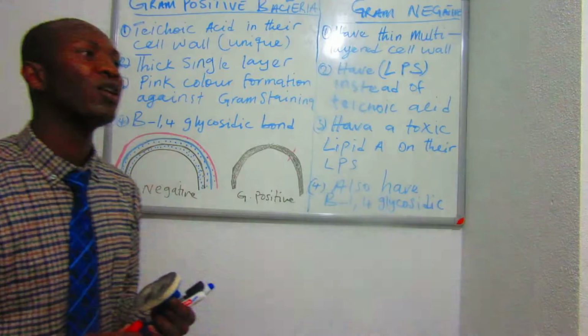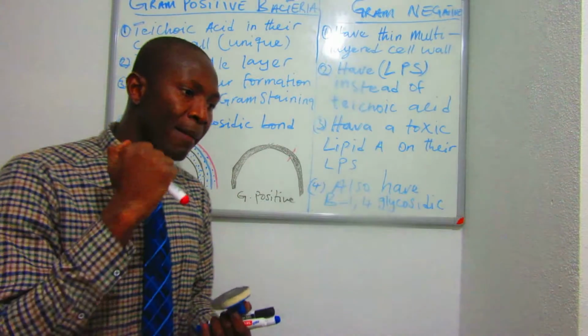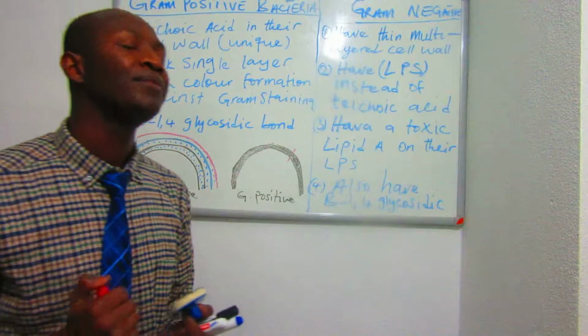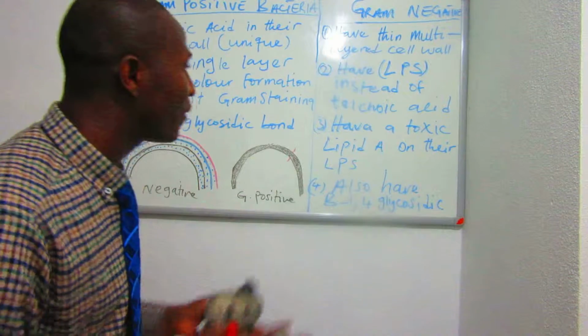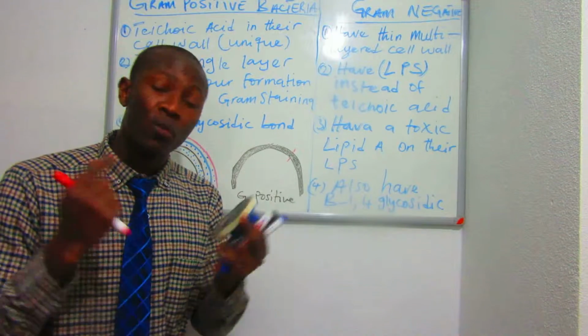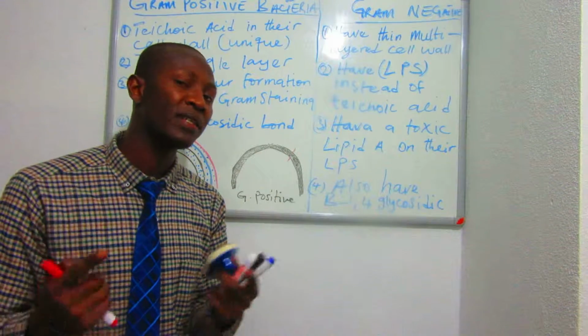However, when we go back to the gram-negative bacteria, because they have different cell wall layers, one of the cell wall layers is the LPS, that is the lipopolysaccharide.